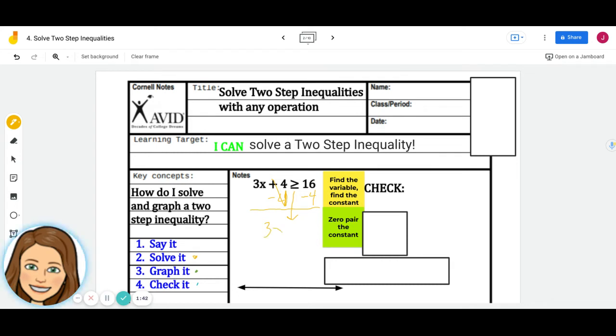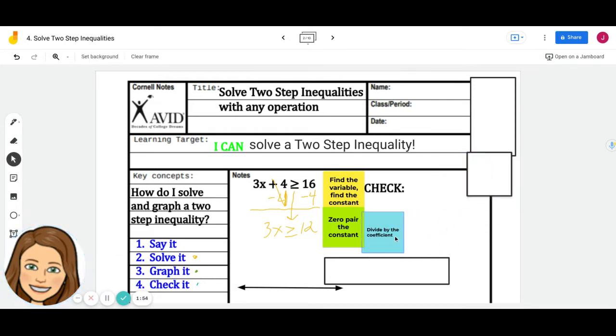I'm left with 3x. I'm going to bring down my greater than or equal to, and 16 and negative 4 is a battle. That is 12. After zero pairing the constant, divide by the coefficient. Remember, those are our 2 steps. Find the variable, find the constant, zero pair the constant, divide by the coefficient.